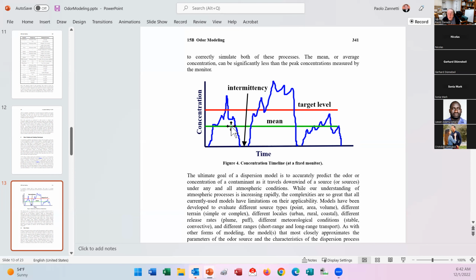If we take the mean over 1 hour, we tend to have something represented here by the green line. This will be the mean.